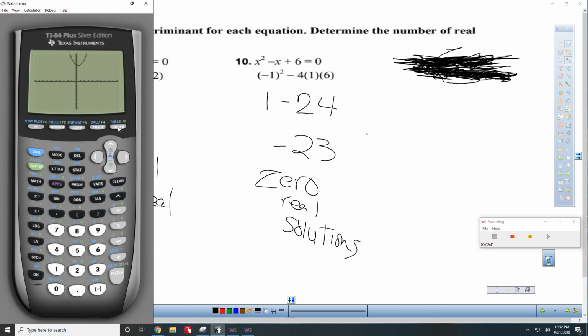Yep. There is no value that we can put in for x to give us 0 for y. Okay? Does that help? Yep. Boom!